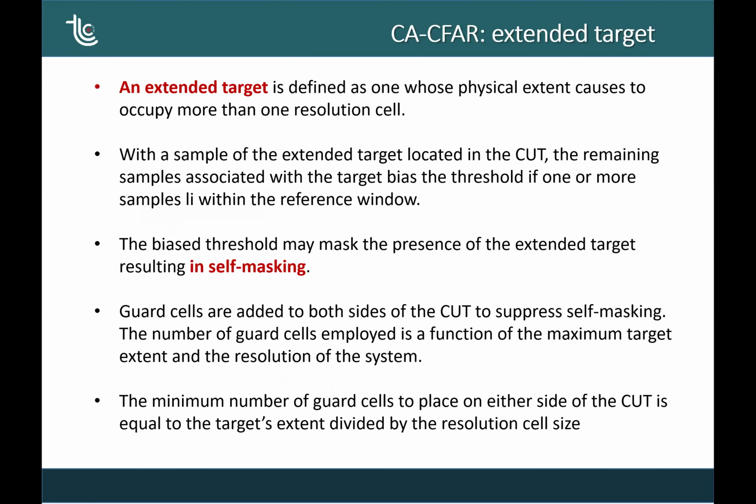Okay, so they occupy more than one range cell. Now, in presence of these extended targets, the guard cells are fundamental, because if we don't have these guard cells, we have the phenomenon that is called self-masking. So the same target masks itself.